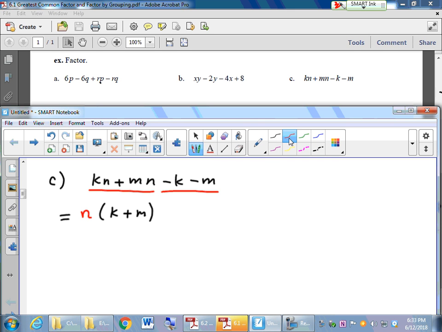And from the second group, I can factor out negative 1 as the greatest common factor. So when I factor negative 1 out, this will become k plus m. Now we can see that k plus m is a common binomial factor, so I can factor out k plus m, which leaves n minus 1 from both of the terms.